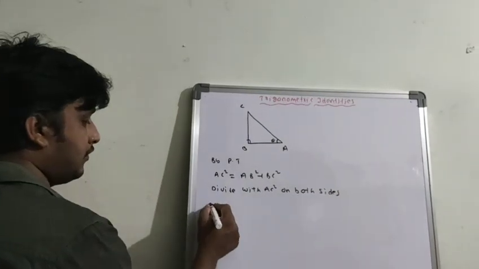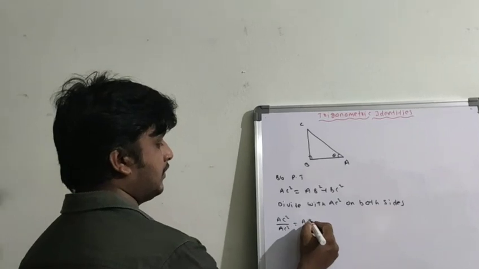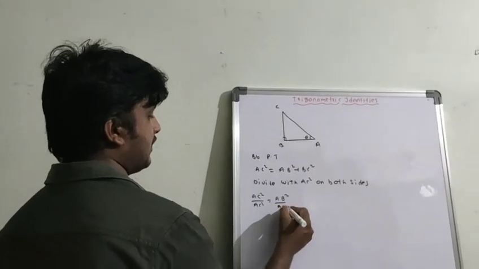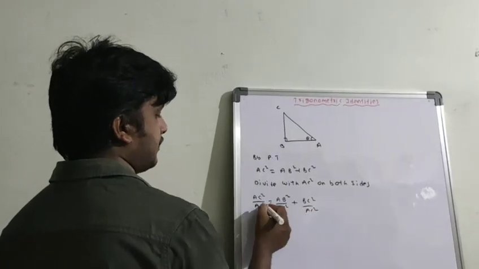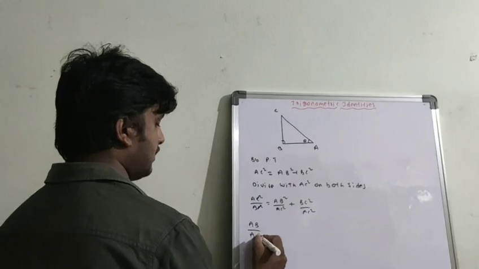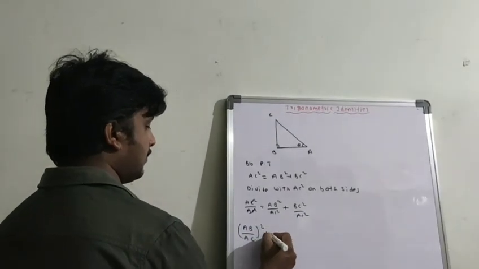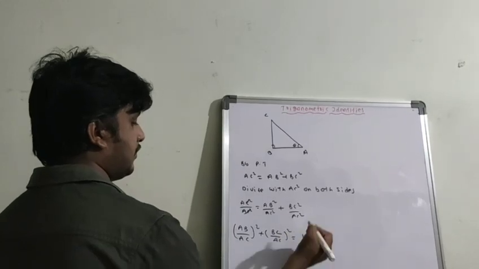So now AC square by AC square is equal to AB square by AC square plus BC square by AC square. So this gets cancelled. So I am writing this one as (AB by AC) whole square plus (BC by AC) whole square is equal to 1.